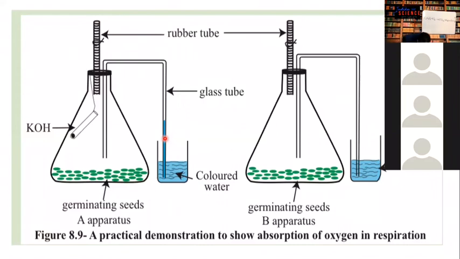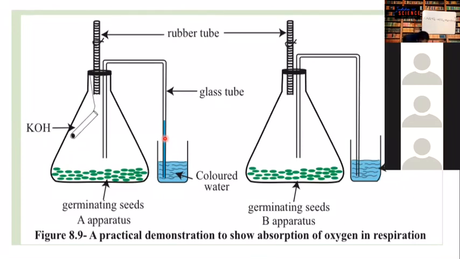Oxygen in the flask is absorbed by seeds for respiration. To fill that gap, air in the tube flows into the flask. So, the water column in the glass tube is drawn up.